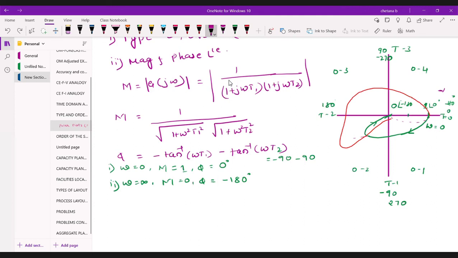Is it not? This one shows that you are starting at type 1. So this is the type 1 line. You are starting here, which is again the wrong one, because your magnitude is 1 and the phase is 0 angle. How can you start with the 90-degree line? How can you start with that point?